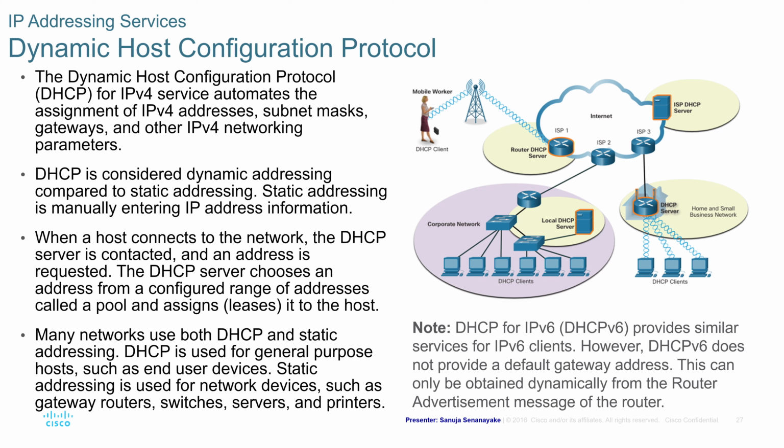And note, DHCP for IPv6 is known as DHCPv6, and provides similar services for IPv6 clients. However, DHCP version 6 does not provide a default gateway address. This can only be obtained dynamically from the router advertisement messages, known as the RA messages.